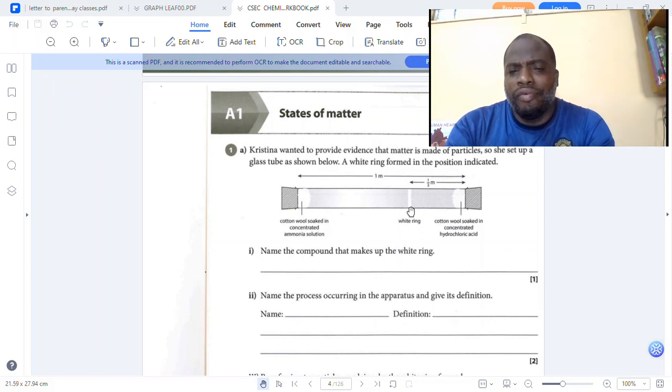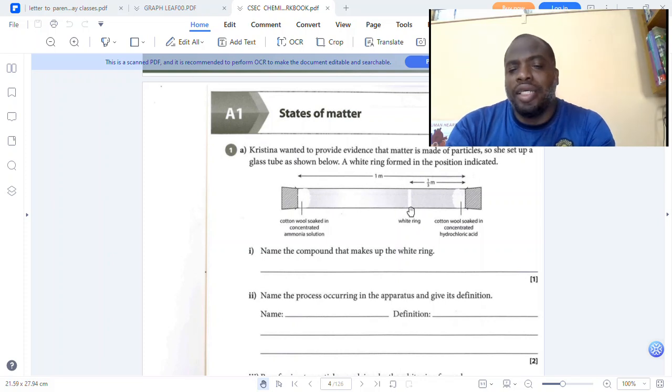So this setup, you have a glass tube. We have two cotton wools soaked in two different substances. One was soaked in concentrated ammonia. One in which you have concentrated hydrochloric acid. Pause the video. Are you able to write down the formula of these two compounds?